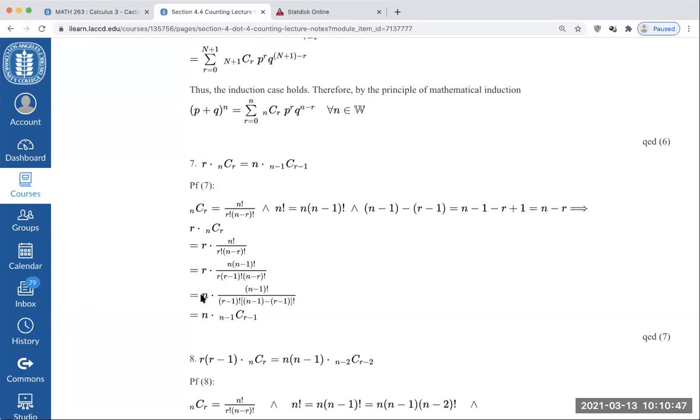Let me write the n out in front. So what remains is n minus 1 factorial over r minus 1 factorial times n minus r, but I'll write n minus r as n minus 1 minus (r minus 1) factorial. But then this, using this definition of nCr, is (n minus 1)C(r minus 1). And that's what I wanted to show.